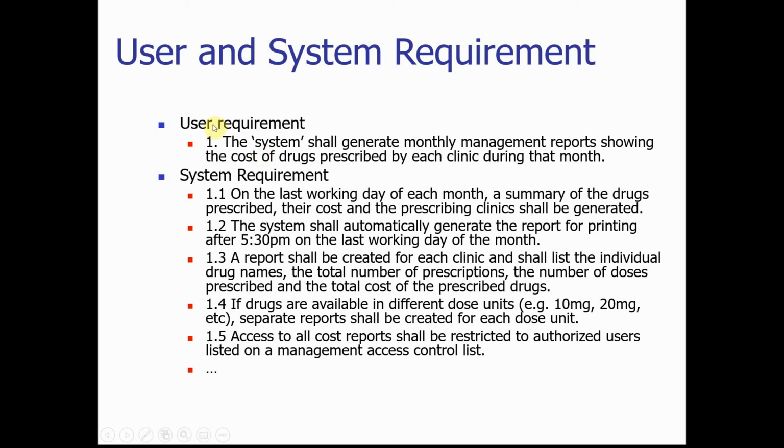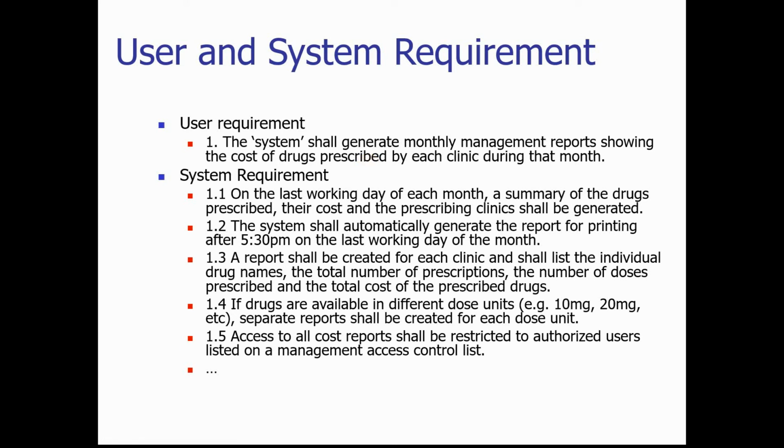From here you see the user requirement: the system shall generate a monthly management report showing the cost of drugs prescribed by each clinic during that month. Just by reading this requirement, we can understand what the user is trying to do, but it lacks a lot of detail.